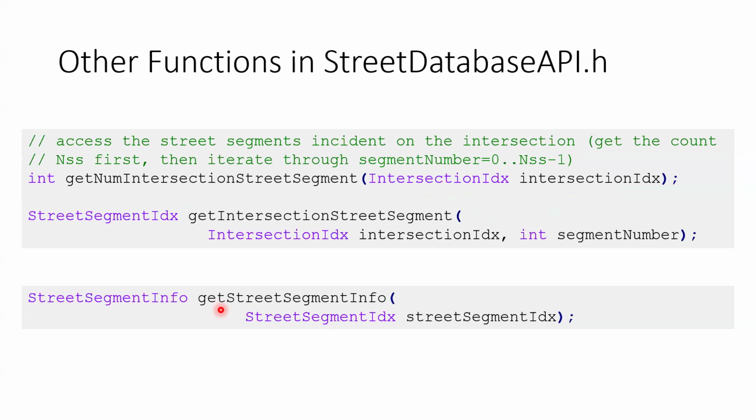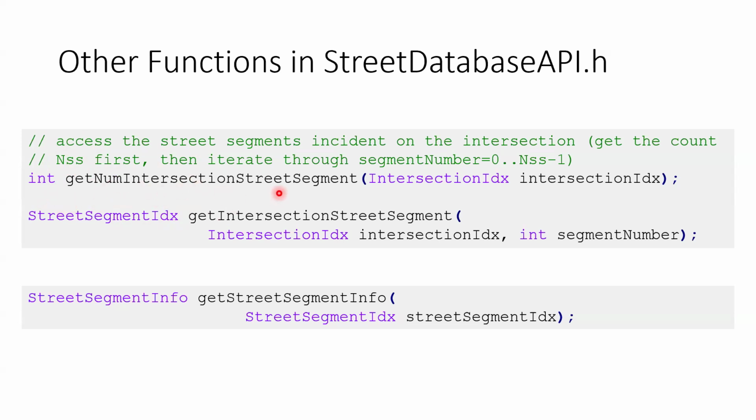Other functions that could be useful for this function that we're looking at: we have getNumIntersectionStreetSegment that takes in an intersection ID. This gets the number of street segments connected to the intersection.